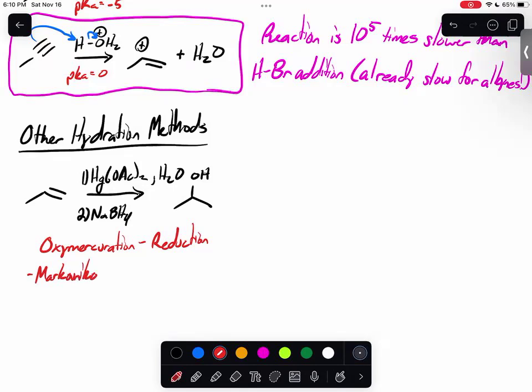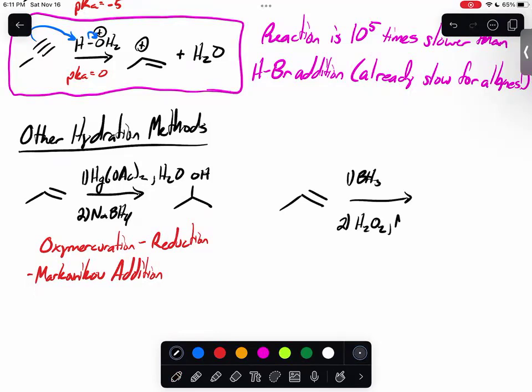But this also wasn't the only reaction that we used. Instead, there was another one where we took the alkene, reacted it with BH3, that borane, and then we used H2O2 and sodium hydroxide to end up giving us this anti-Markovnikov addition of the alcohol.